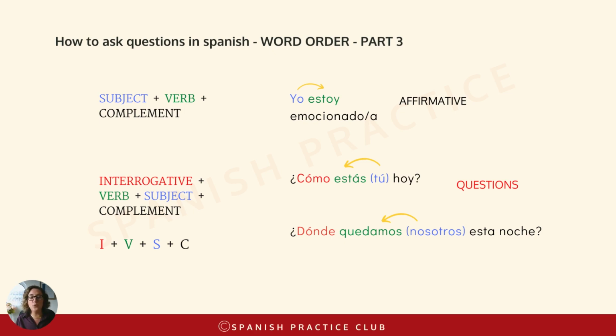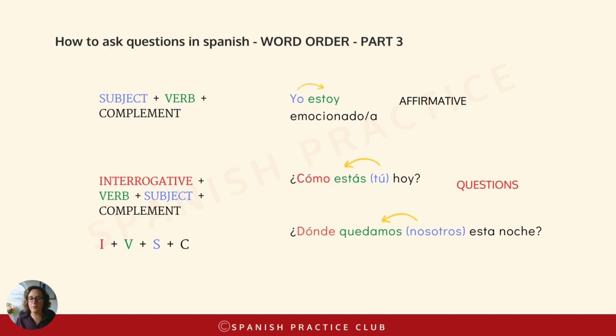However, if we want to ask a question and the question has an interrogative word, like for example, how, which is the example that we are going to see today, the word order is going to change. So notice on the left-hand side, you've got the structure. We would have the interrogative first, followed by the verb, followed by the subject.